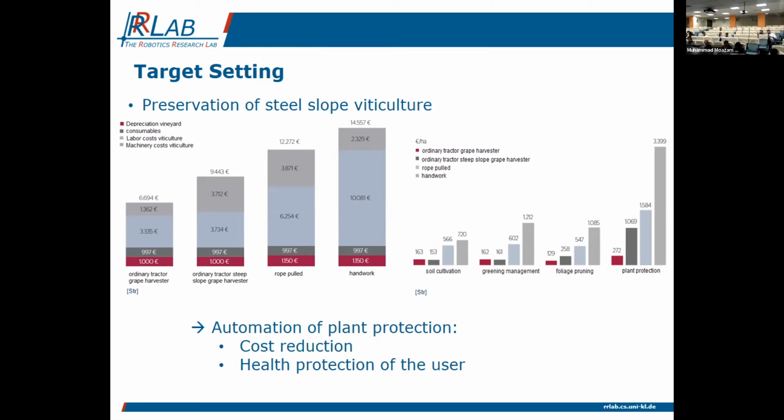And because of that, especially the application of spraying agent is one of the most important parts which we have researched. So overall, the idea is to reduce costs for the farmer and increase his health by not applying the dangerous, hazardous spraying agent.